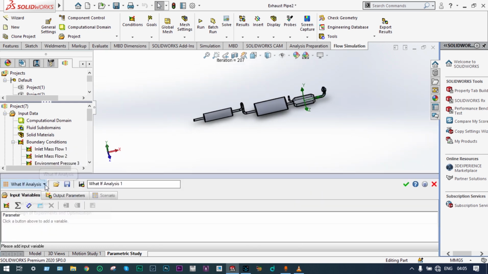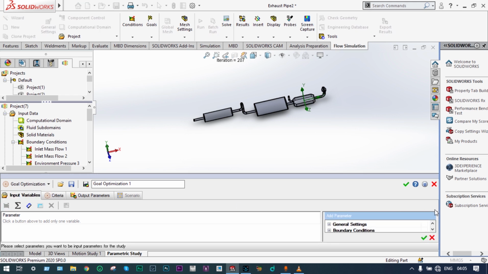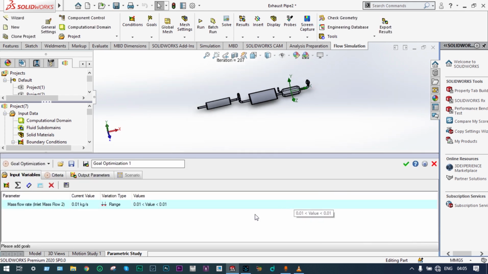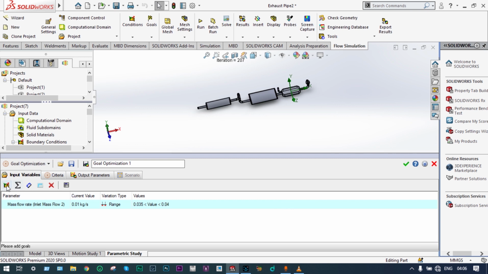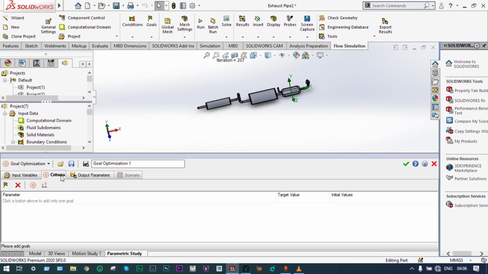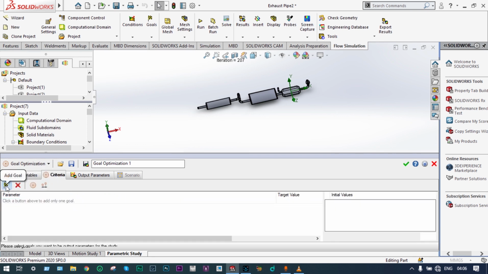Finally, we'll go for goal optimization. Again, in this case, we have to define the input variable. Like the previous case, the input variable will be mass flow rate of air, and we have to specify the range. It will be 0.035 to 0.04 kg per second. Select the goal criteria, and the criteria is dependent on goals.